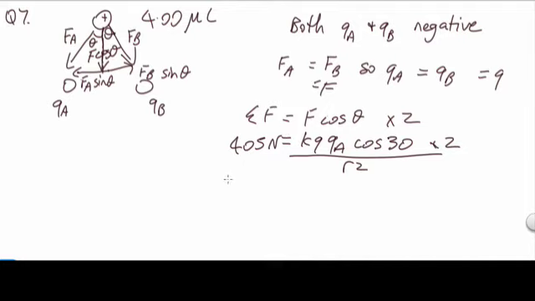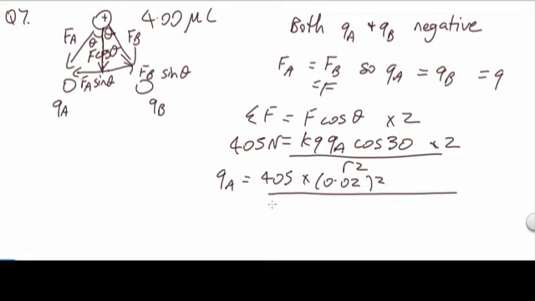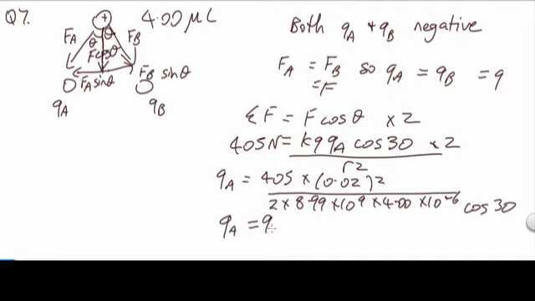So then we get QA, if we just do some rearranging, 405 times R, which is 0.02 squared, over 2 times 8.99 by 10 to the 9, times 4 by 10 to the minus 6, times cos 30, and we end up with QA, which is equal to QB, will be minus 2.6 microcoulombs.